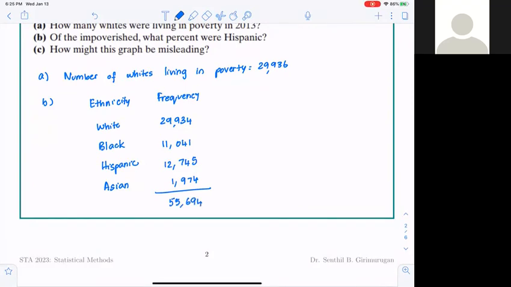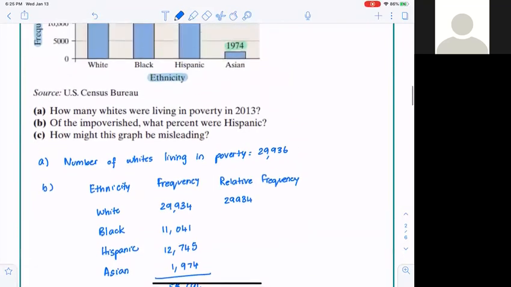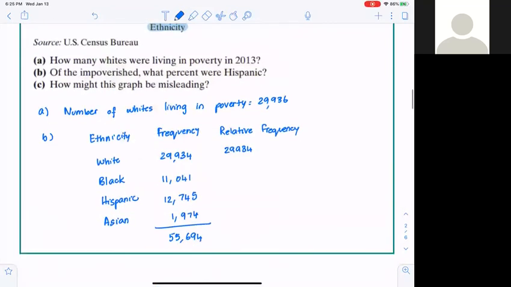The relative frequency is going to give us the exact percent. So typically we can round it to about 2 decimal places. So what we have to do is to take each frequency, which is 29,936. Oh, I'm sorry, it's 6, not 4.